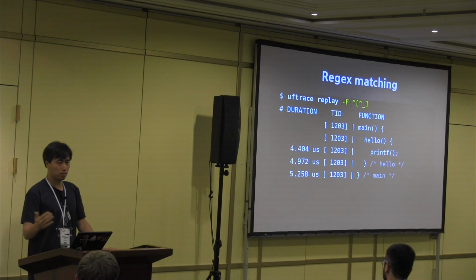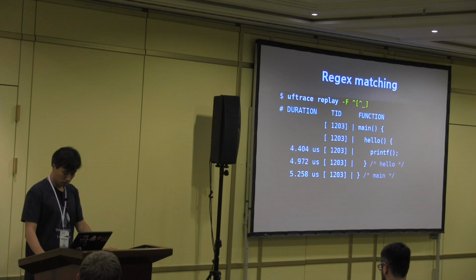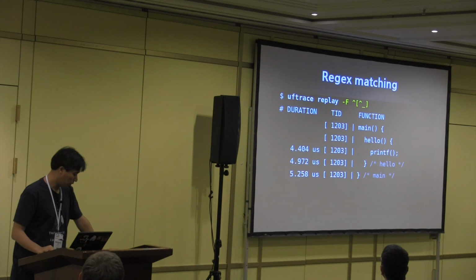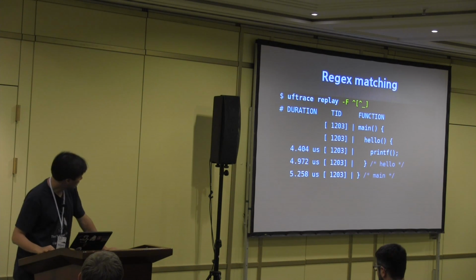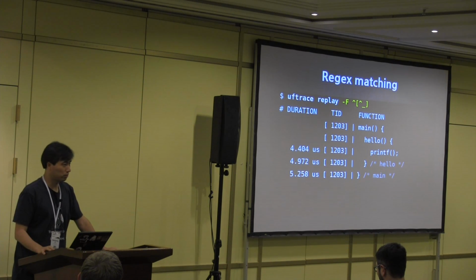But if it contains any character that can be used in regex matching, we will use the regex matching. So this pattern matches the functions that do not start with the underscore character.